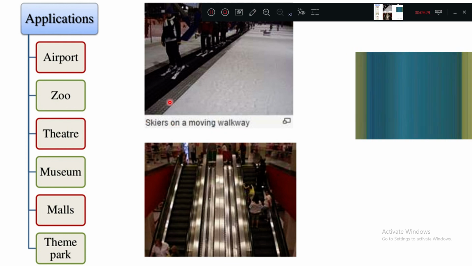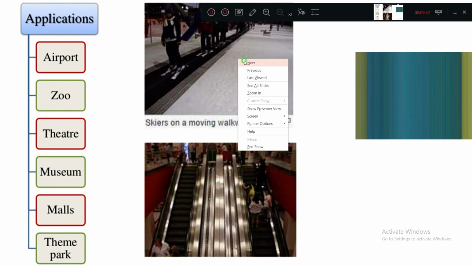Skiers on a moving walkway means in ice games, where people go skating and so on, they go to the top of the hill, and from there they can do their games. For that we have skiers on moving walkways.